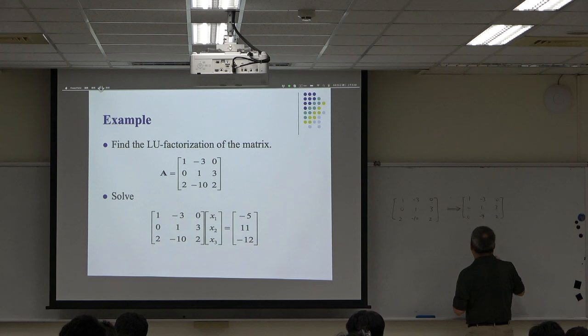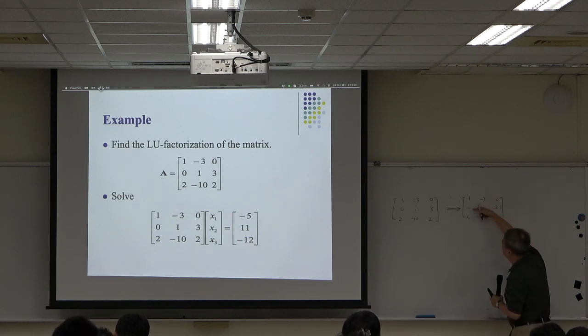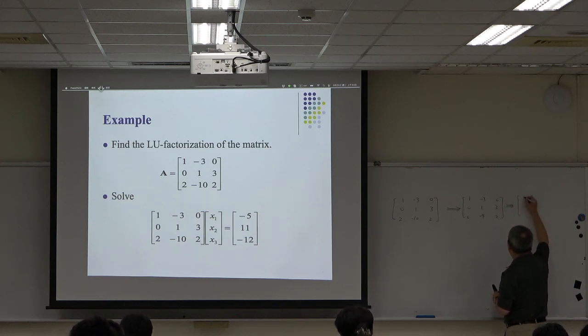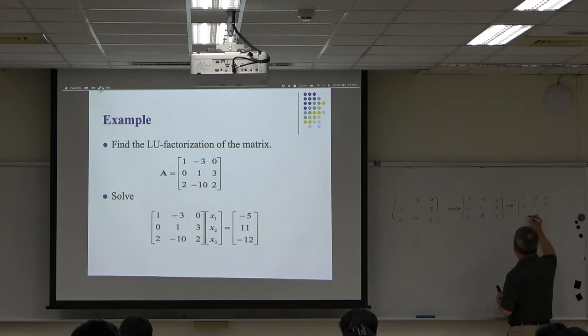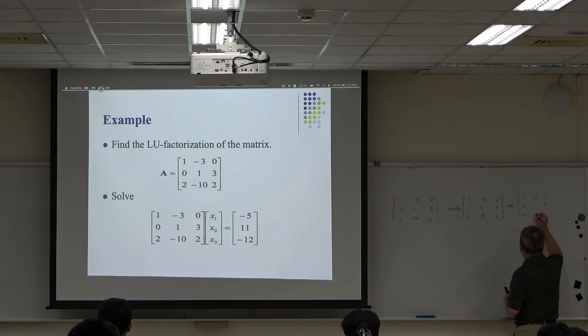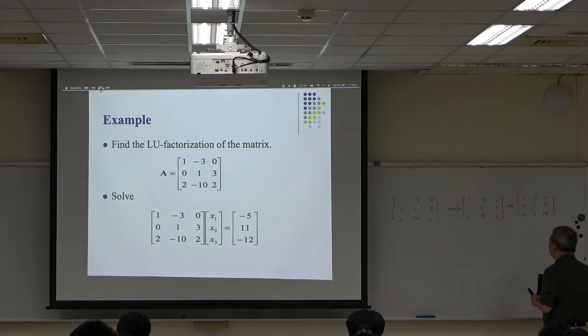Okay, and then this one, the second row multiply 4, add to the third one. 1, negative 3, negative 4, 0, 1, and then multiply 4, add, so it's going to be 0, 4, 4, 3, 14. Right?